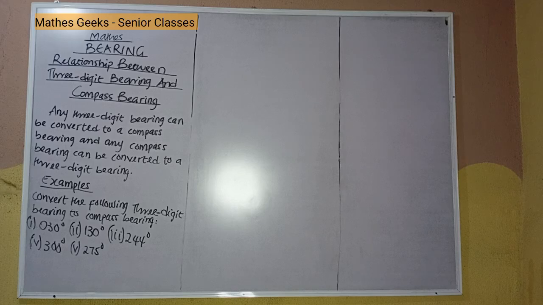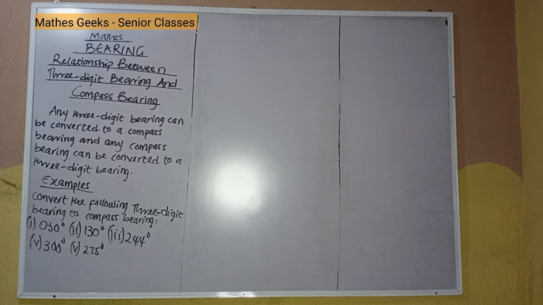Any 3-digit bearing can be converted to a compass bearing, and any compass bearing can be converted to a 3-digit bearing. The reason I'm referring you to the previous video, if you are just stumbling on this video without having watched the other ones, is that I will not go back to the principles I took time to explain in the previous video. I will just apply them as we go on.